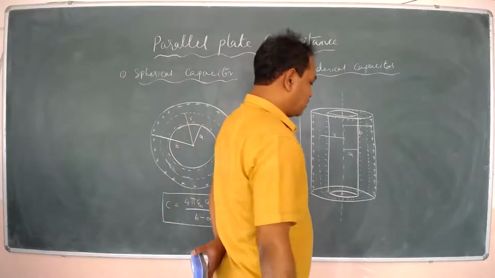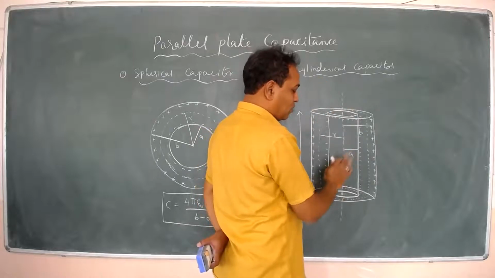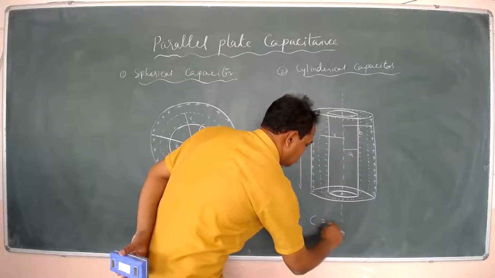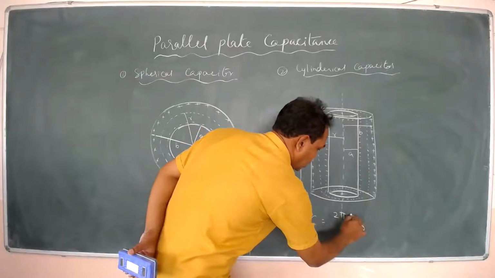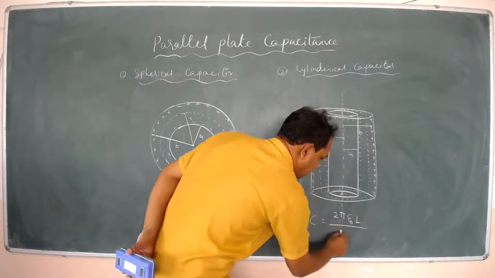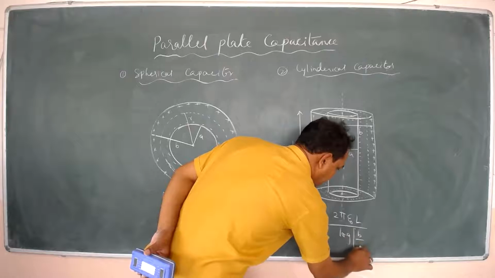So the capacitance of this cylindrical capacitor is C equals 2 pi epsilon naught L divided by log of b by a.